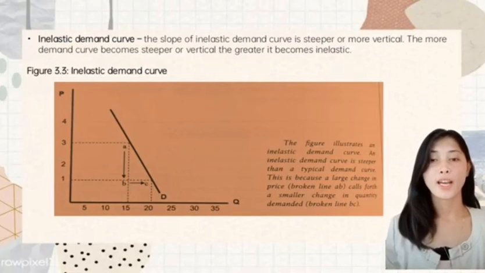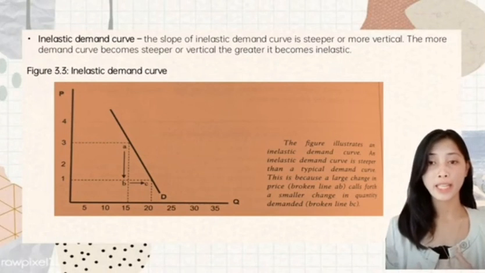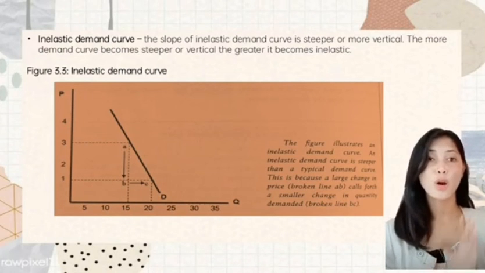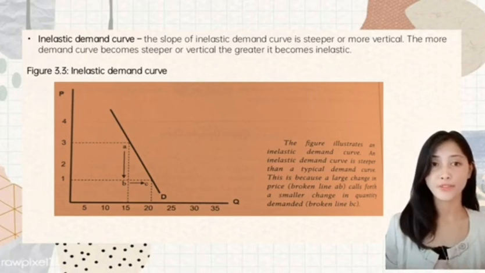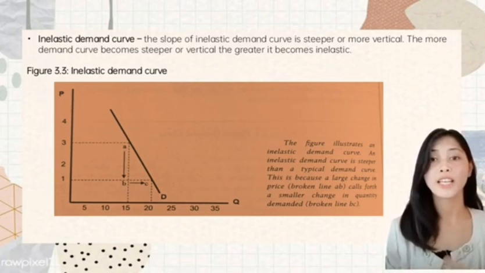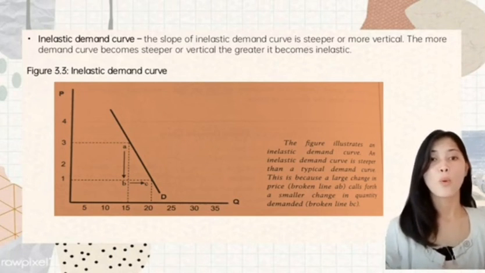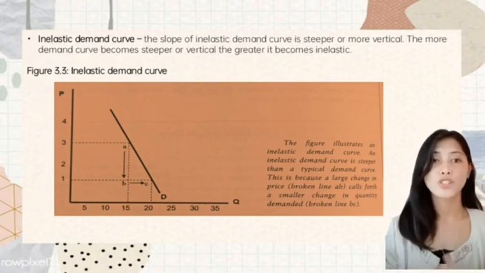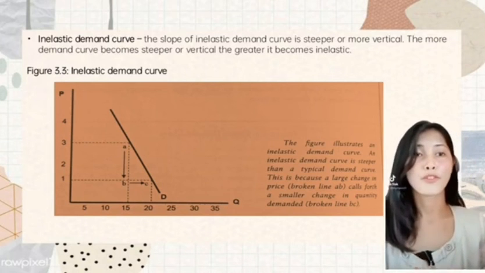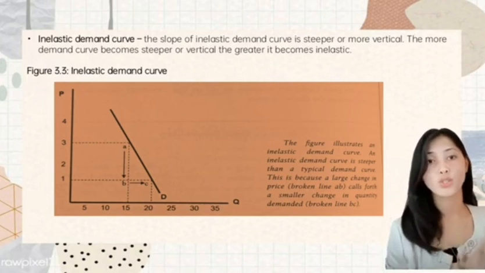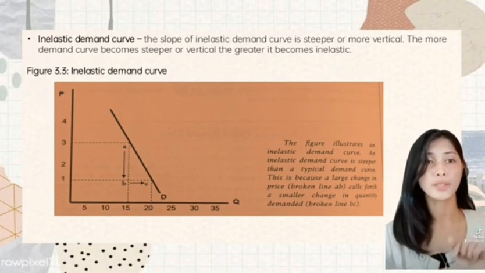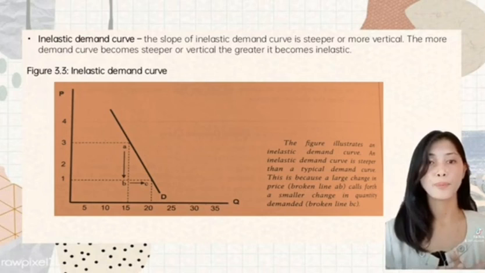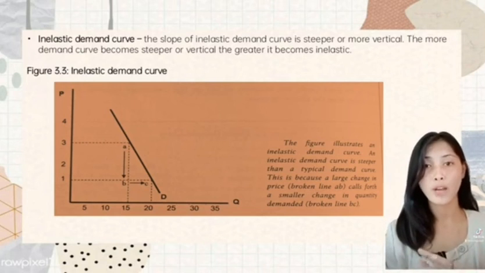On the other hand, in figure 3.3, as we observe, the slope of an inelastic demand curve is steeper or more vertical. In fact, the more the demand curve becomes steeper or vertical, the greater it becomes inelastic. Why? Because a large change in the price, like from 3 pesos to 1 peso, results in a small change in quantity demanded, from 15 units to 20 units, as illustrated in the graph.